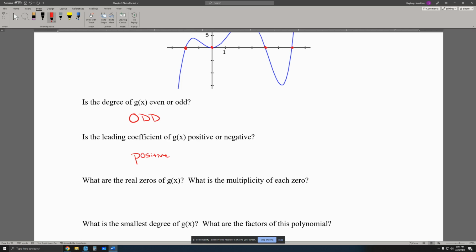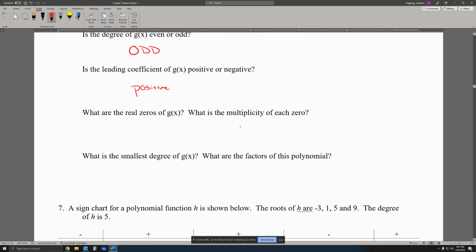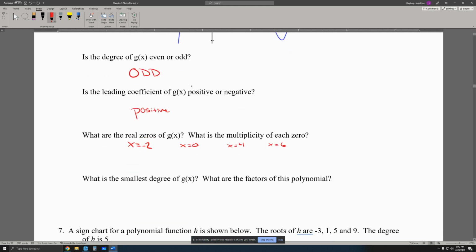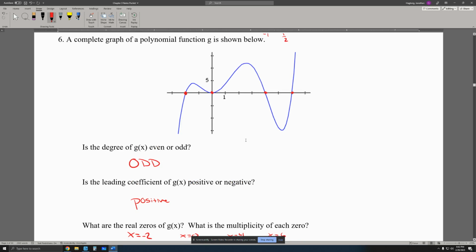Okay, so the zeros, we said that we have one at x equals -2, x equals 0, x equals 4, and x equals 6. So multiplicity of each of these zeros, we have 1 at x equals -2. At x equals 0, that's where it bounces, so that's multiplicity 2. Multiplicity 1 for x equals 4, it passes through, and multiplicity 1 for x equals 6, it passes through again.